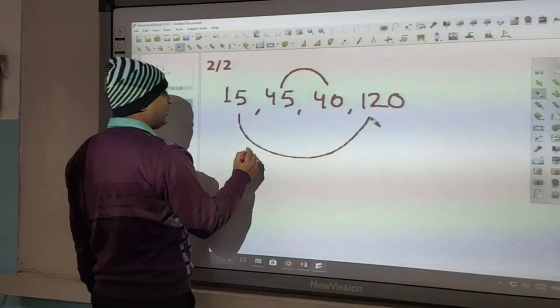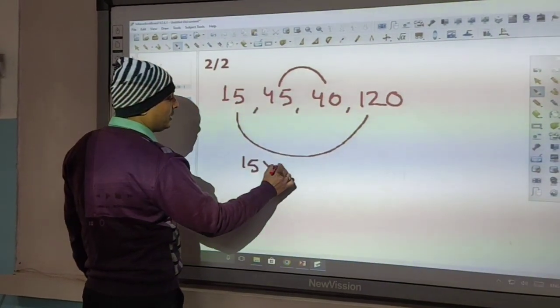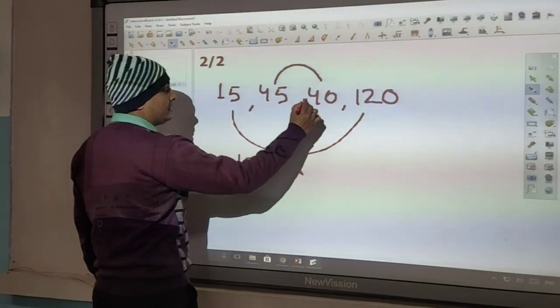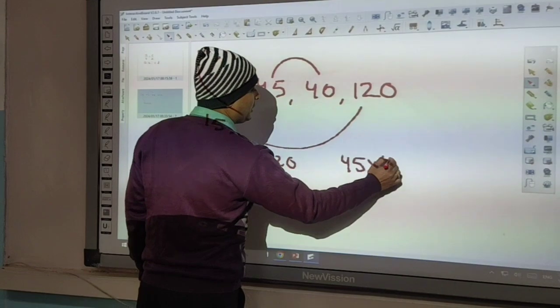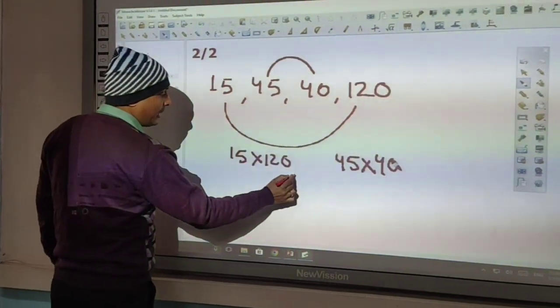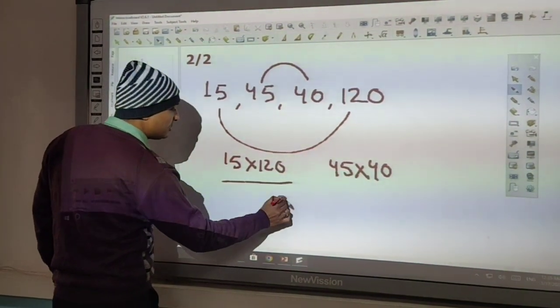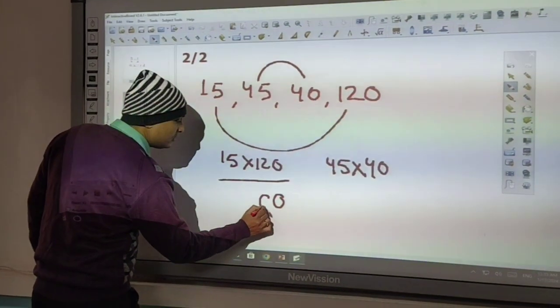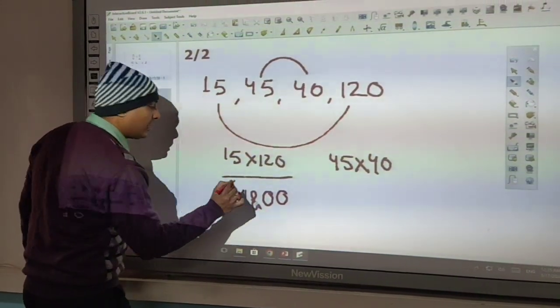So multiply 15 into 120 and 45 into 40. When you multiply, we get 1800.